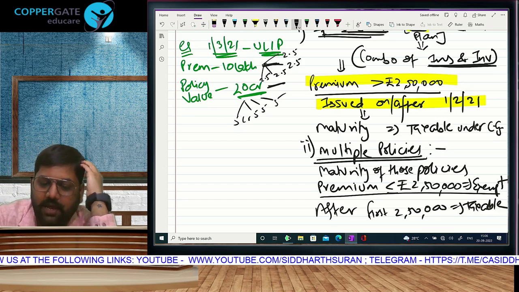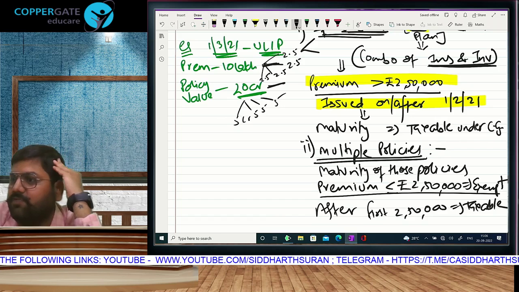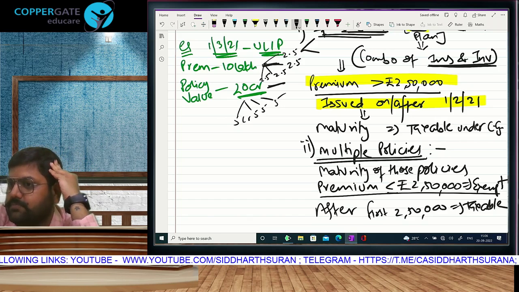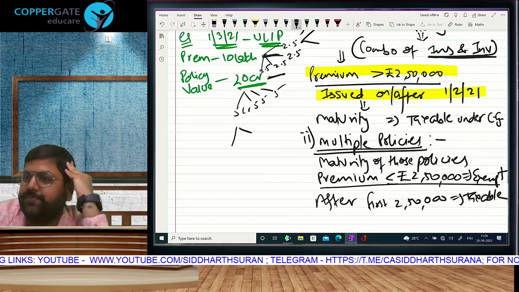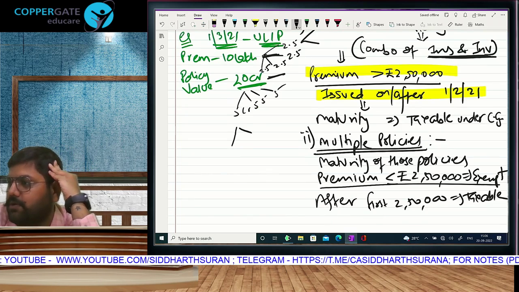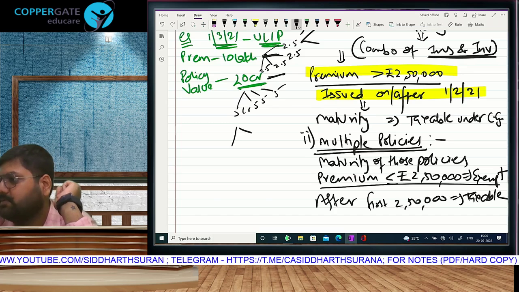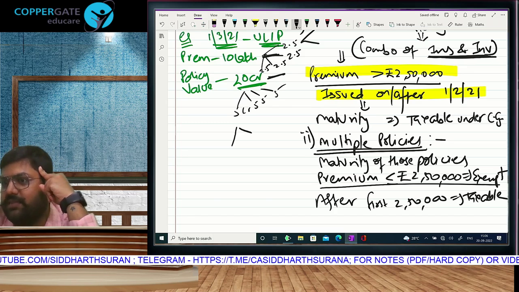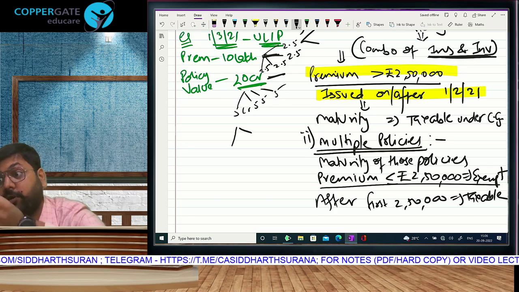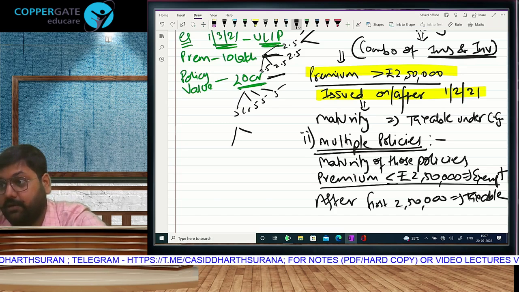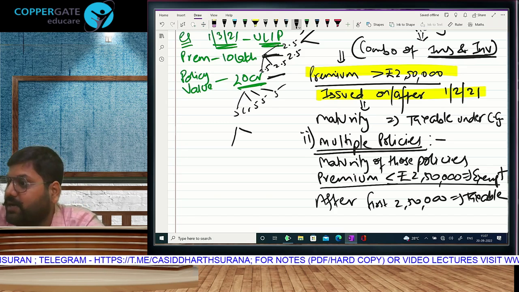Now supposing I split this 2.5 further into 1.25. So obviously maturity value will also split into 2.5 crore. First policy 1.25 within the limit, yes. That 2.5 exempt. Second policy 1.25 within the limit, 1.25 plus 1.25, still I have not crossed the 250. It works. Second one's 2.5 also exempt.